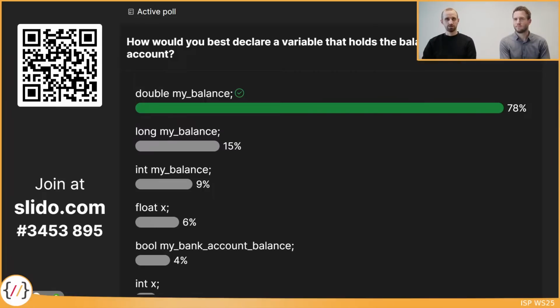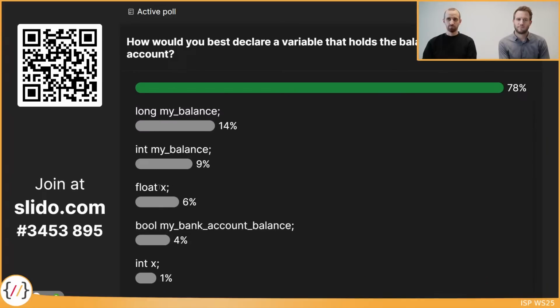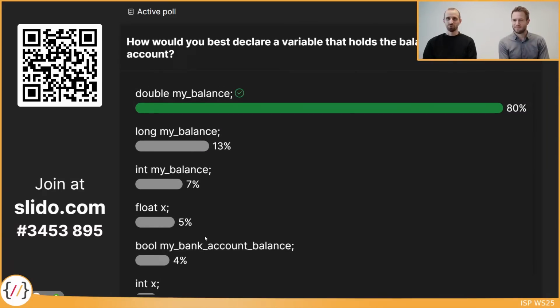And the other one, X, is not a good name. This would be a good name, but it's a bool data type, and I don't want my balance on the bank account to be just true or false. And int X is of course also not. So double my balance is a good variable name and a good data type.